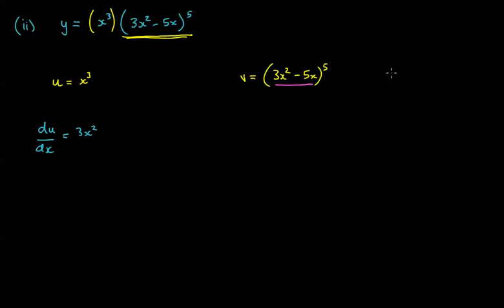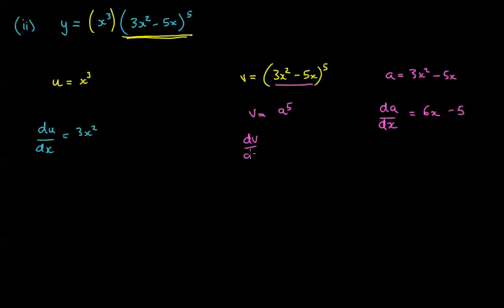Let a equal the bit inside, 3x squared minus 5x, and then v would equal a to the power of 5. Then da by dx equals 6x minus 5.